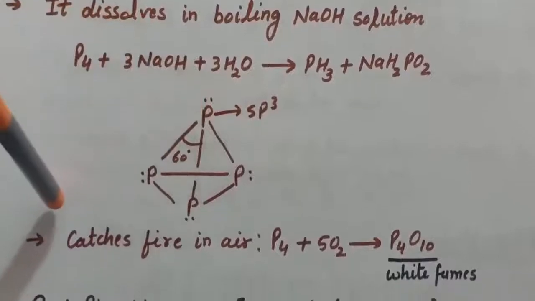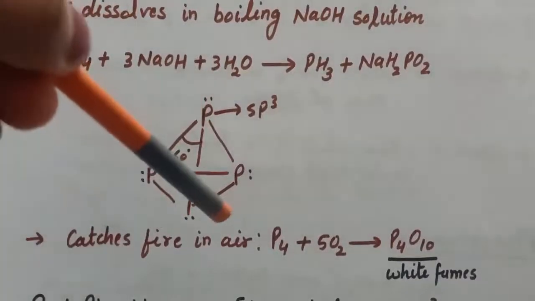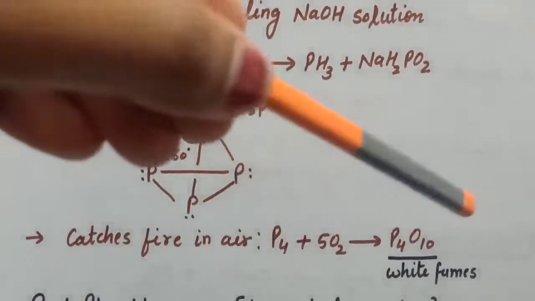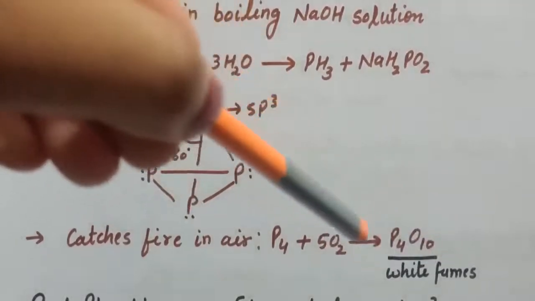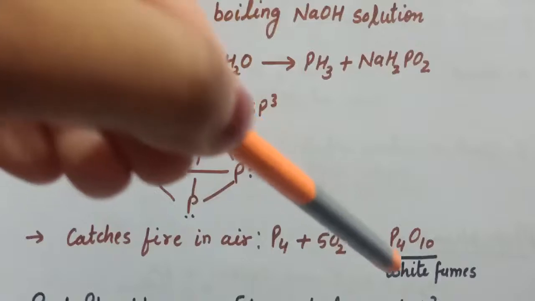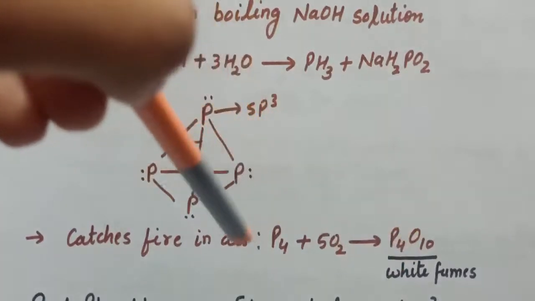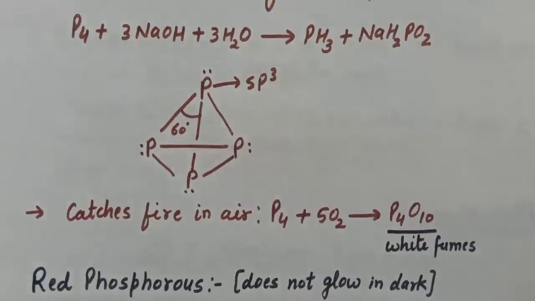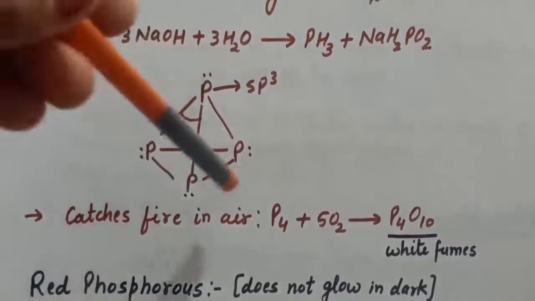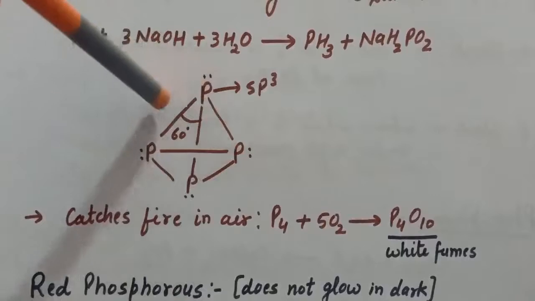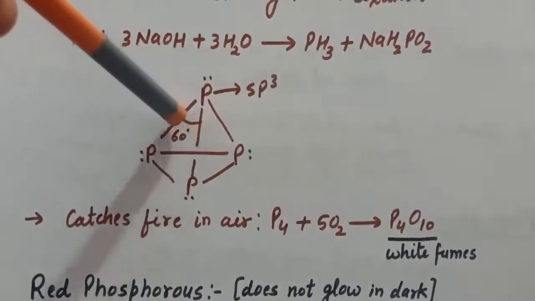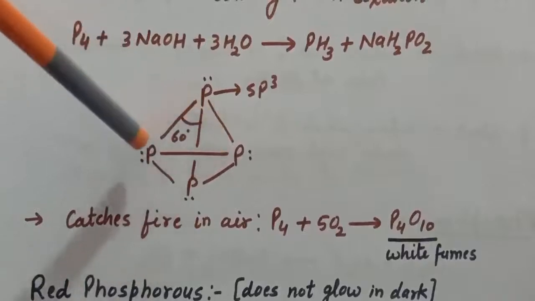Next is, this white phosphorus catches fire in air, that is, P4 when reacting with oxygen forms P4O10, the oxide of phosphorus, and dense white fumes are formed. Next, the structure of white phosphorus is a discrete tetrahedral unit, and the angle is 60 degrees, and because of this angular strain, white phosphorus is more reactive.